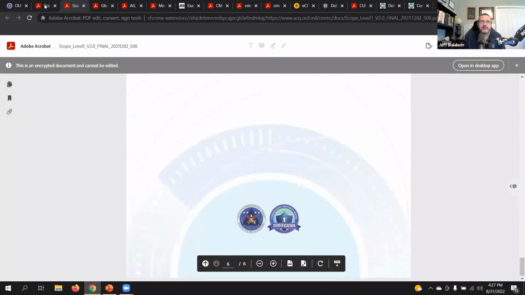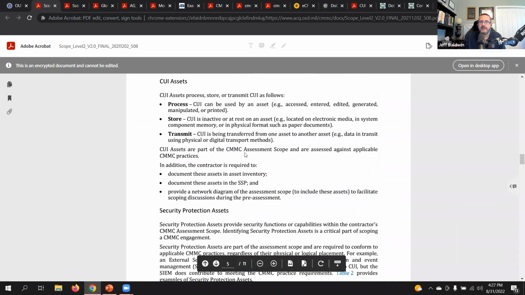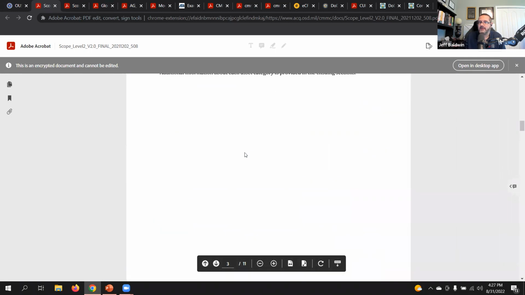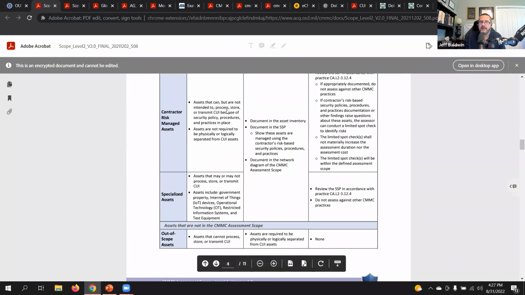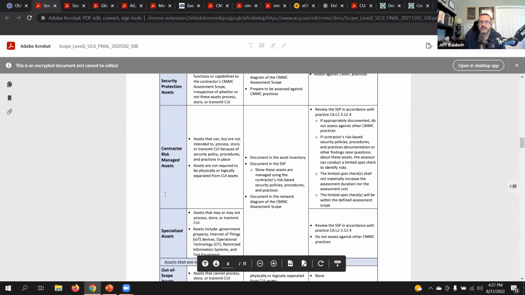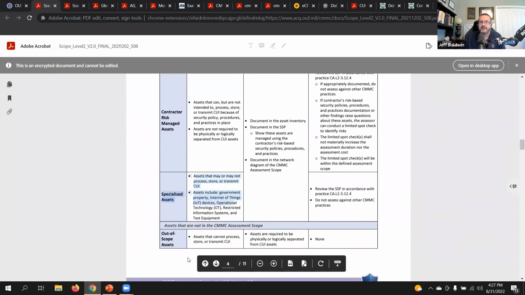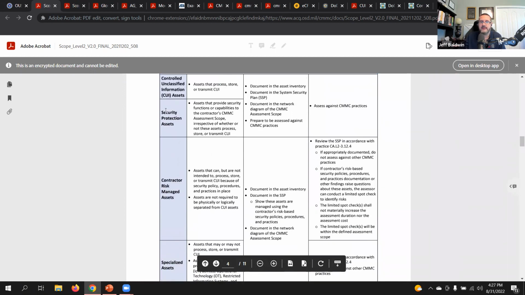So there are some differences with the Level 2 scoping guide. Not going to be covered on the exam. Not to confuse you, but for Level 2, we see that specialized assets are in scope and only out of scope or out of scope. So that's one difference just to be aware of, but I don't expect you would see security protection assets or CRMA.